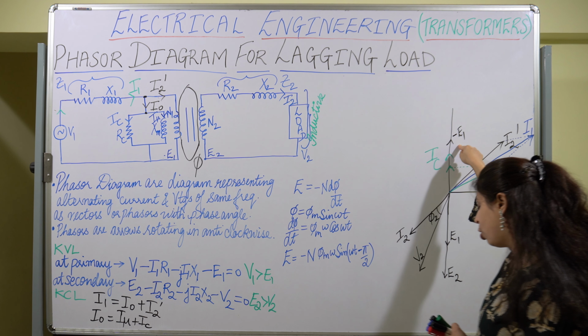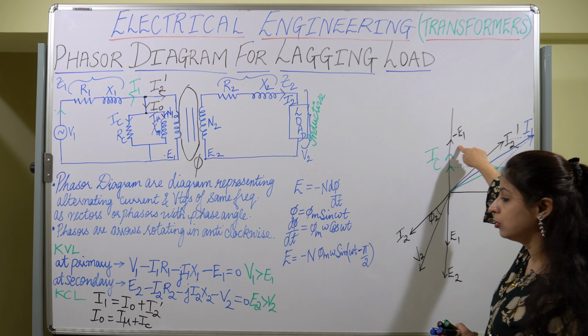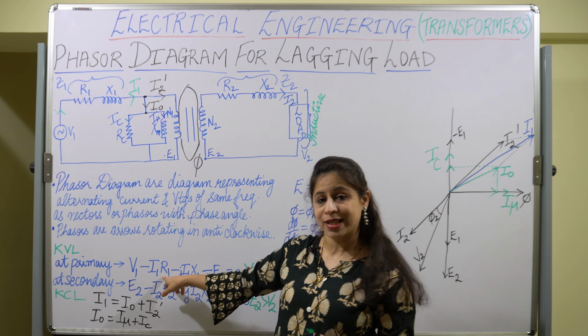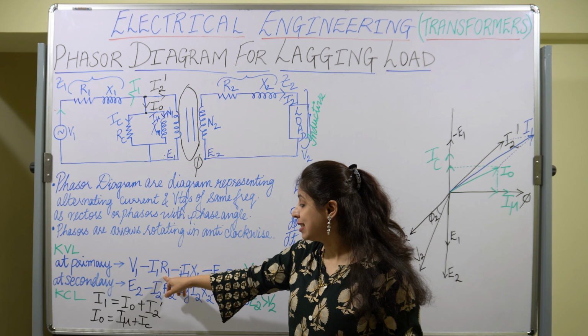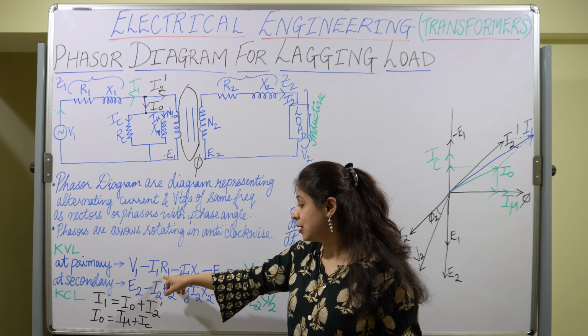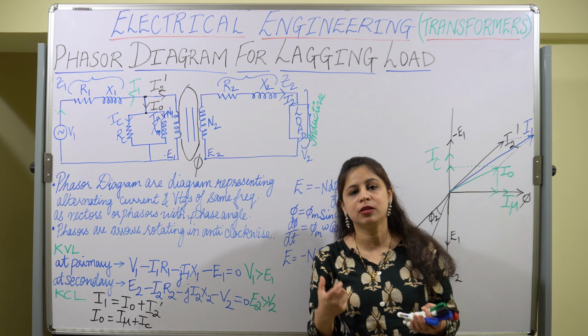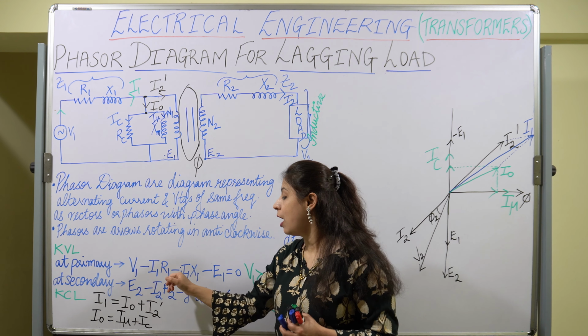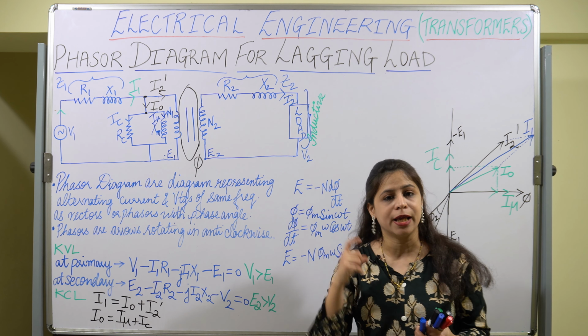Now we need to draw the I1 R1. Wherever the resistance is there, the voltage across the resistance will be in phase with the current. So I1 R1 will be in phase with I1.